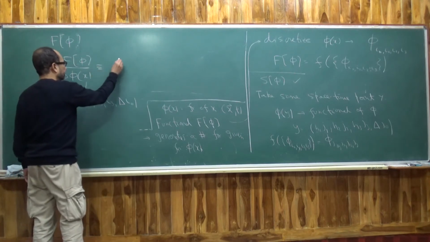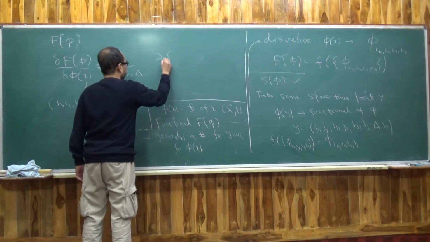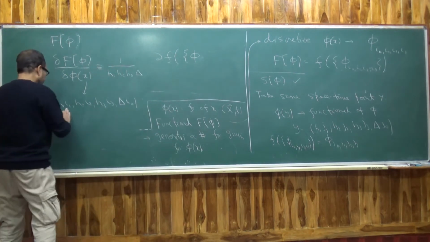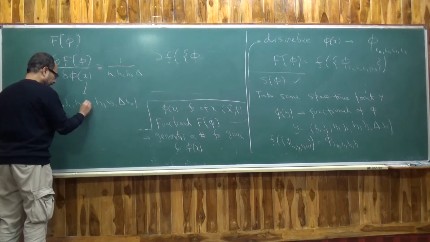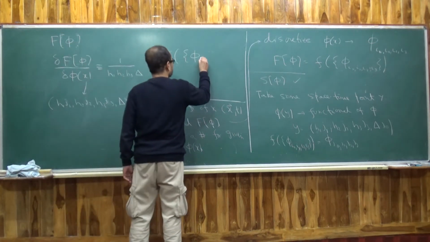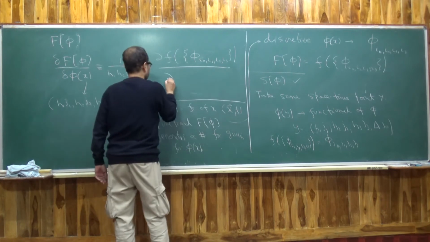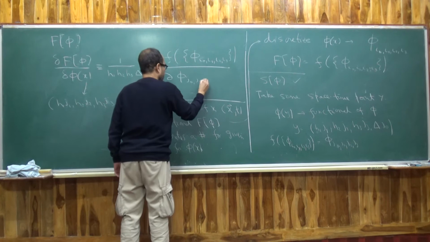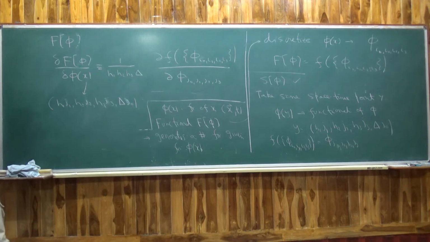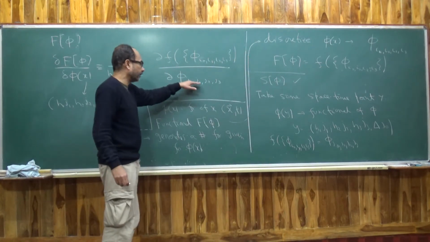Then by definition, this is 1 over h1 h2 h3 delta times the ordinary derivative of this corresponding function with respect to the variable phi j0, j1, j2, j3.